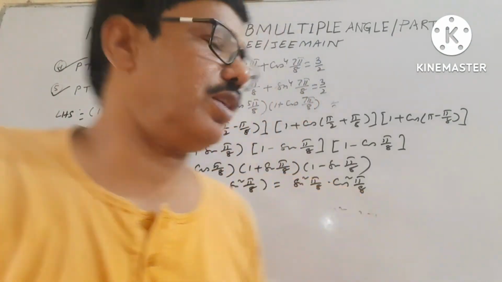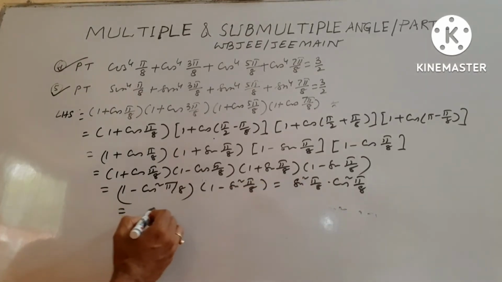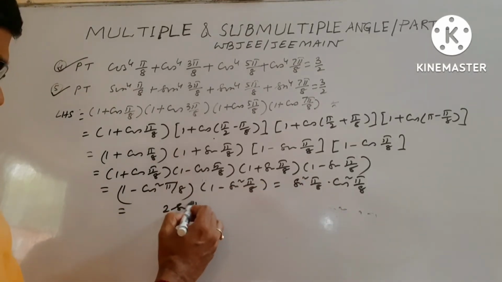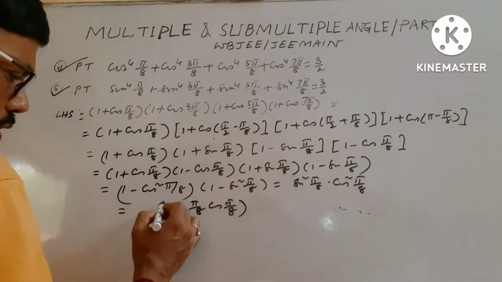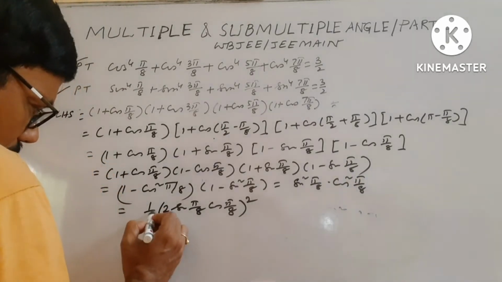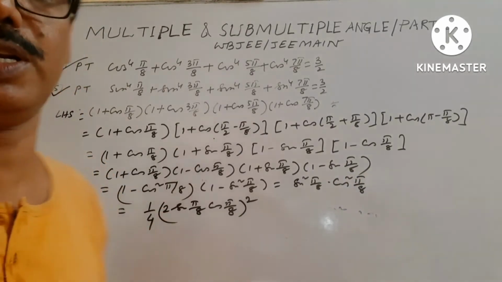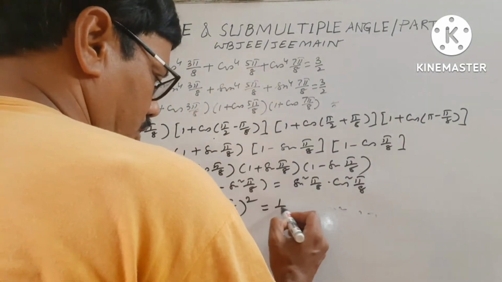So it reduces to the earlier problem. So we can write it as 2 sin pi by 8 cos pi by 8, because it is a formula, then whole square, and make it balance by 1 by 4. So 1 by 4 unchanged.